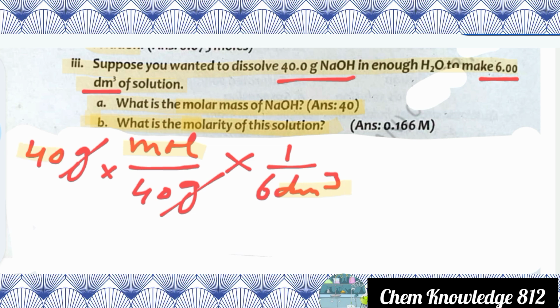So by dividing 4 with 40 and 6, we will get the result.